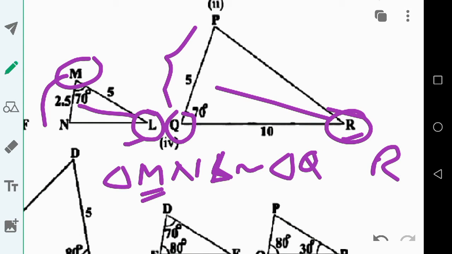Then the remaining vertex is P, so P should be written here. That's how we can write that these two are similar by the criteria side angle side.